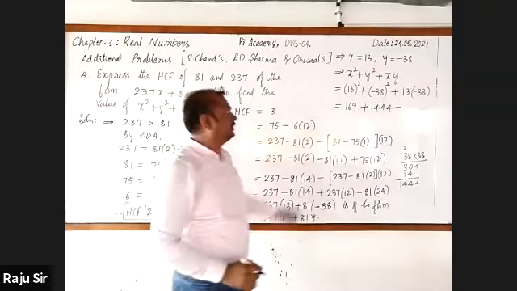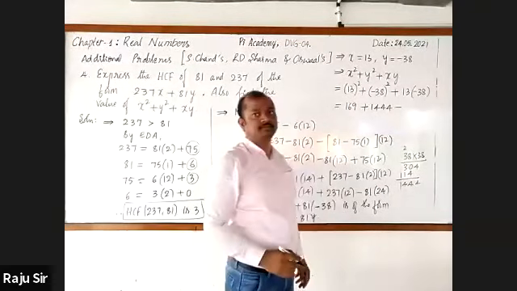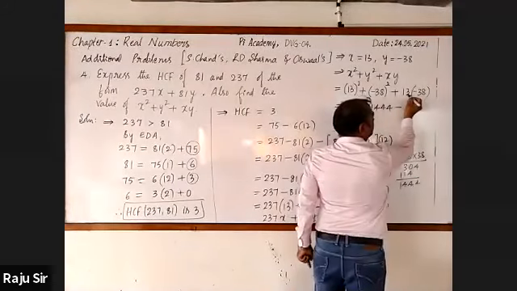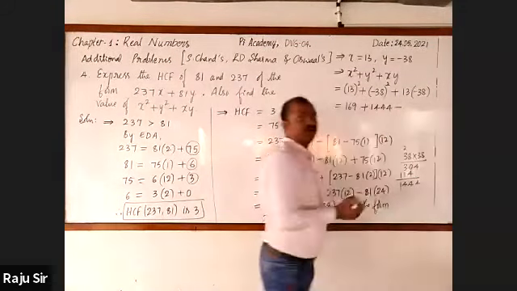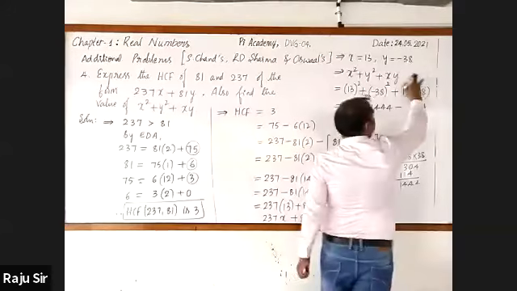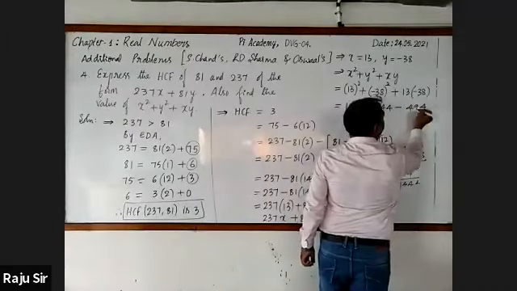Now multiply 13 and 38. Multiply it. Here 13 8s are 104. 494. 13 3s are 39. 39 plus 10 is 49.